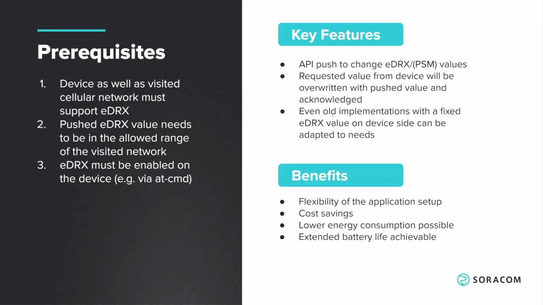This will give us a possibility, especially for old implementations, to anyway change the eDRX settings. Finally, it gives us a flexibility in the application setup. We are able to lower the power consumption, extend battery lifetime, and have some cost savings.